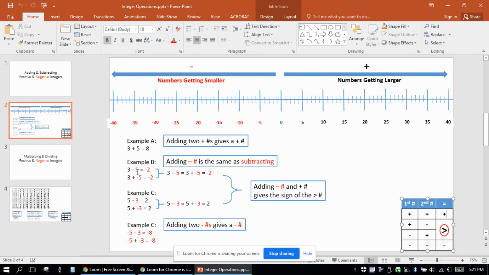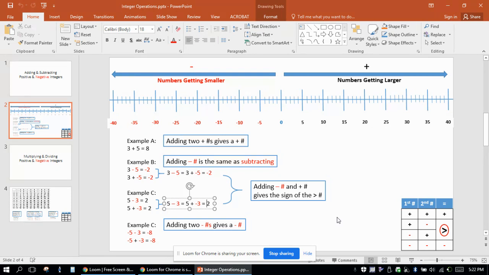Here, the -5 was bigger, so I get a -2. And here, the 5 is bigger again, but this time it is positive, so I wound up with a +2. And finally, whenever you're adding two negative numbers, you wind up with a negative number.